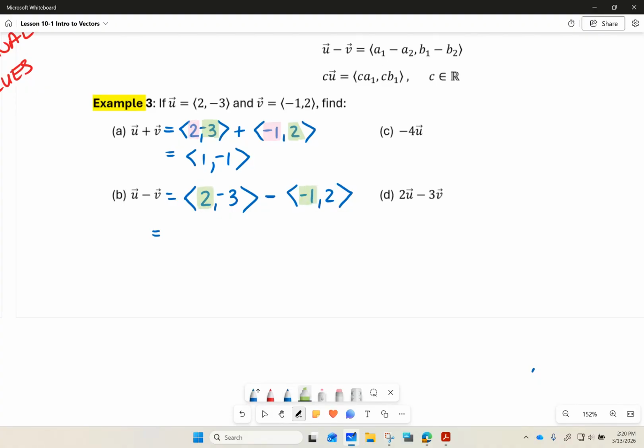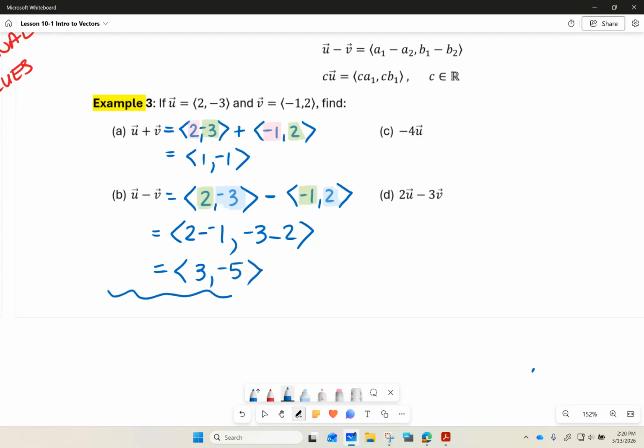The 2 is going with the negative 1, and the negative 3 is going to go with the positive 2. But this time we're subtracting, okay? So 2 minus negative 1. I'm going to actually write it out here this time. 2 minus negative 1, and then negative 3 minus 2, just to kind of put them together. So 2 minus negative 1 is 2 plus 1, and negative 3 minus 2 is a negative 5, okay?